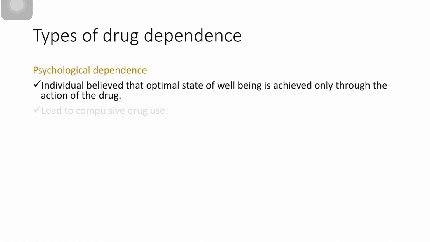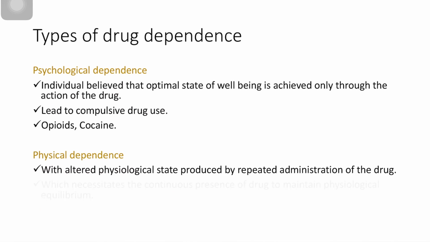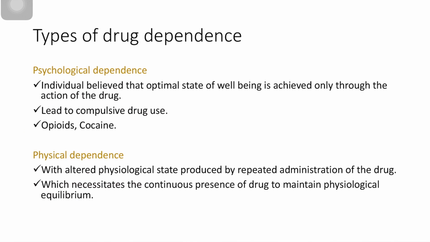Now drug dependence is basically of two types: psychological and physical dependence. Psychological dependence develops first, where the individual believes that only if I take the drug can I achieve a proper psychological state. That leads to repetitive use of the drug and eventually compulsive use.